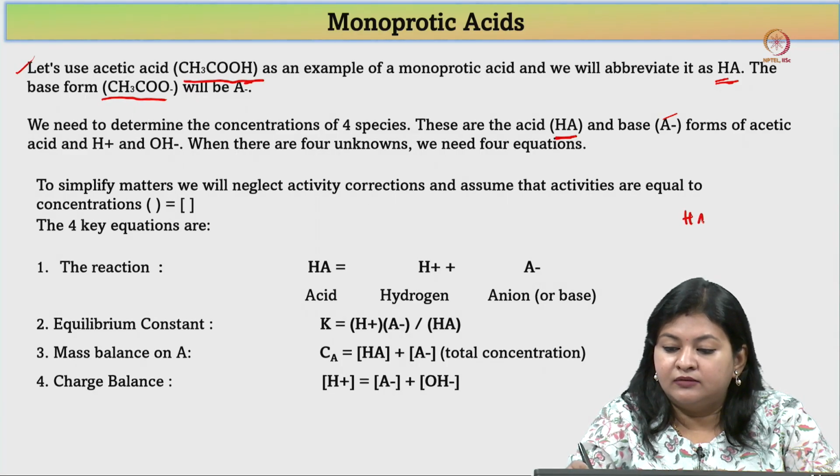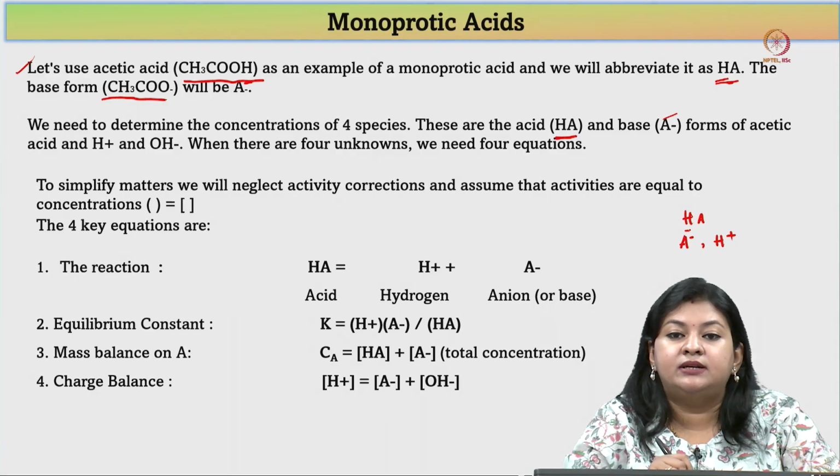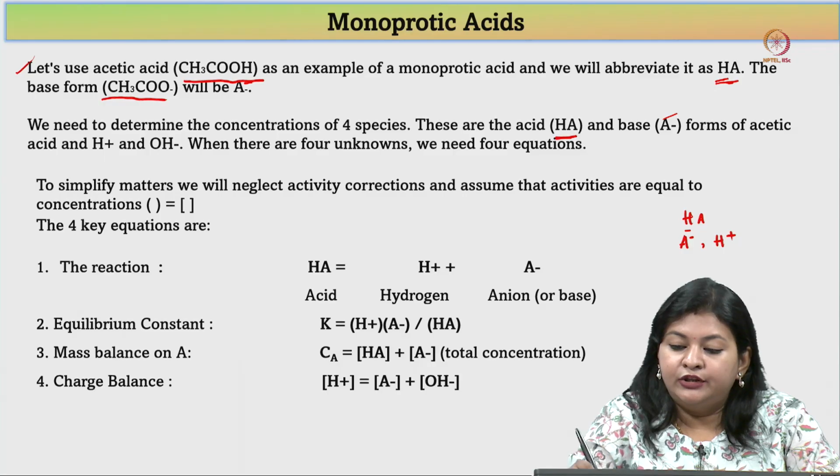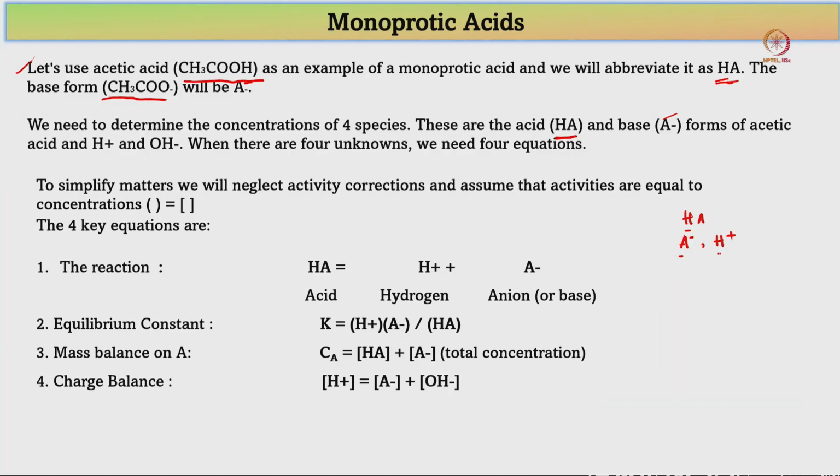HA, whatever we are adding into the system, some of it will get dissociated to form A minus and H plus, and there will be an undissociated component. So, undissociated HA, newly formed A minus and H plus, then water will form H plus and OH minus.